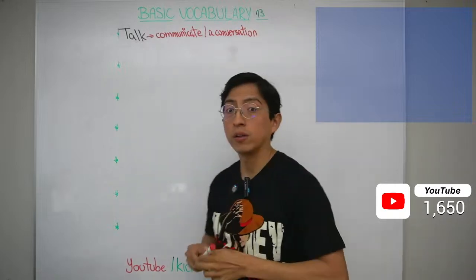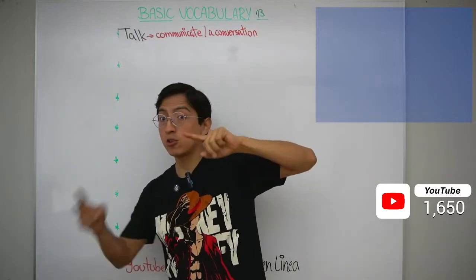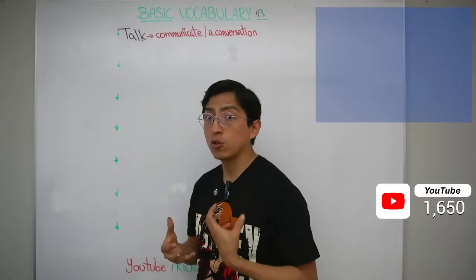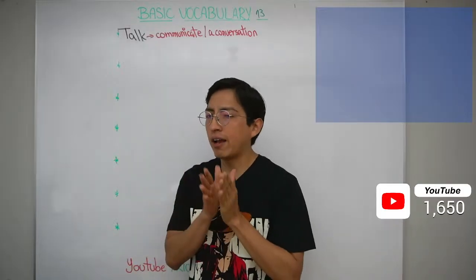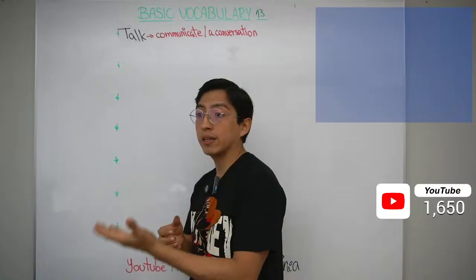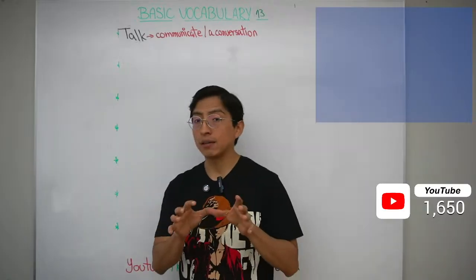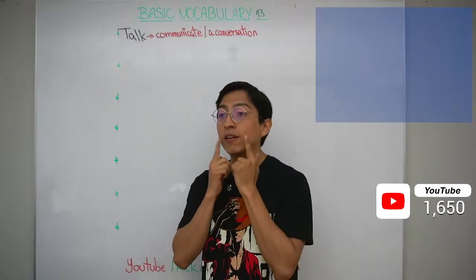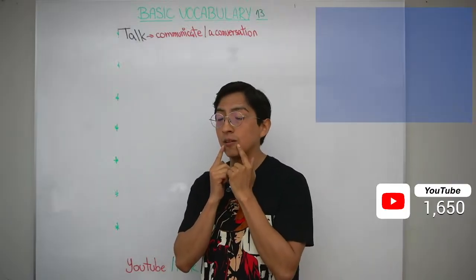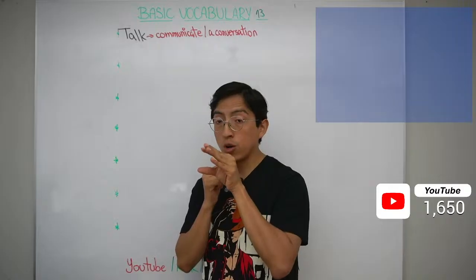Okay, so look at this. We have 2 meanings. Number one, to communicate something. If you have a message, you want to communicate it to a different person. So when you speak, you just do it because you have this ability, this skill to pronounce words.